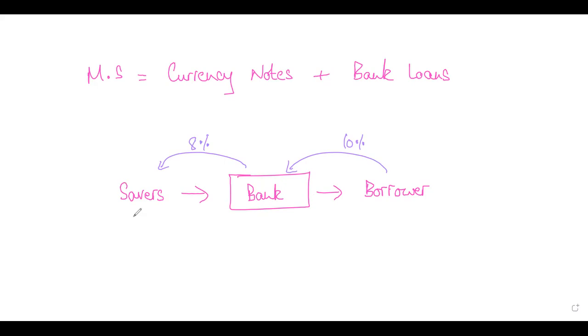Otherwise, if the bank doesn't have savers who deposit money, where will the bank get the money to give to borrowers? So the bank is basically just connecting people. The remaining 2% is the bank's profit. That's how banks make profit on their operations.